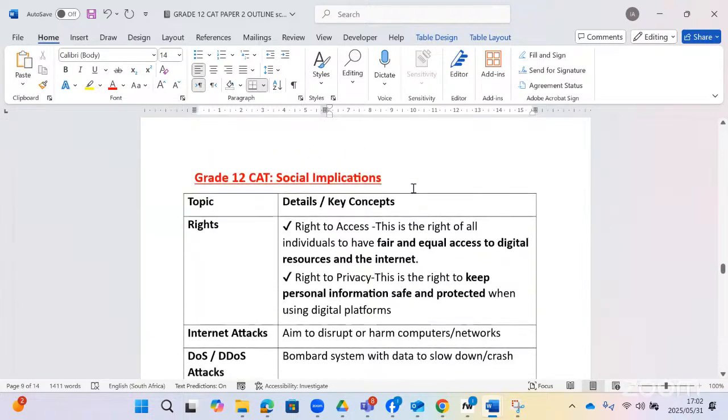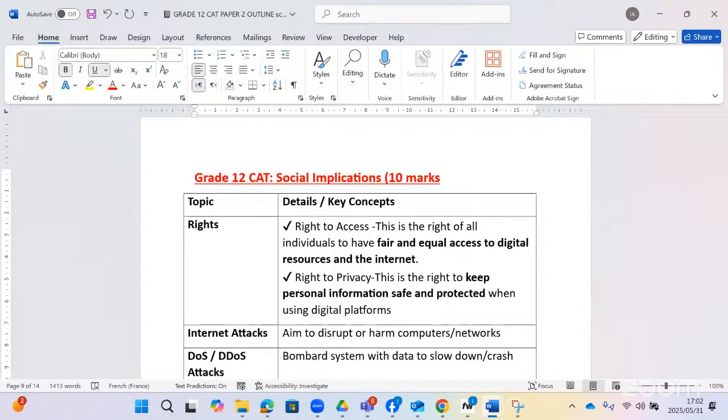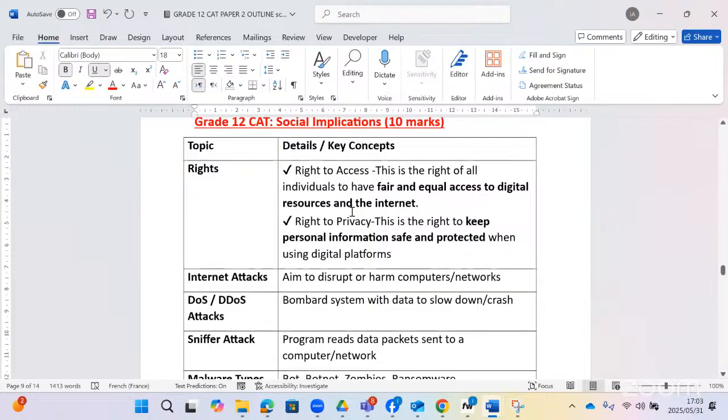Then the social implications, like I indicated earlier, social implications has 10 marks. That's the social issues, the negative side of using technology. Now, grade 10, grade 12, we talk about the right to access information and right to privacy. That is the right of an individual to have fair and equal access to digital resources and the internet.